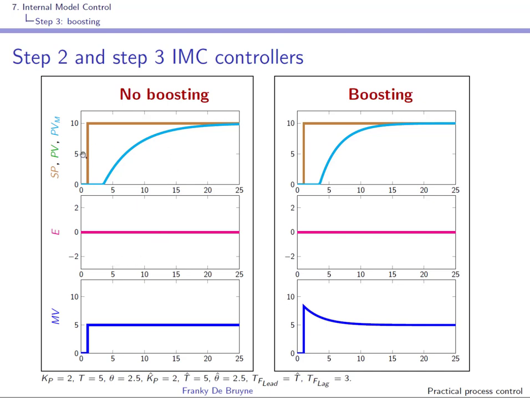In summary, in this step 2 IMC controller, the open loop dynamics is equal to the closed loop dynamics, except if you misuse this model gain KP hat, but this is clearly not desired. And in this step 3 IMC controller, you can boost the closed loop response to a desired closed loop time constant by choosing the lead lag boosting filter appropriately.